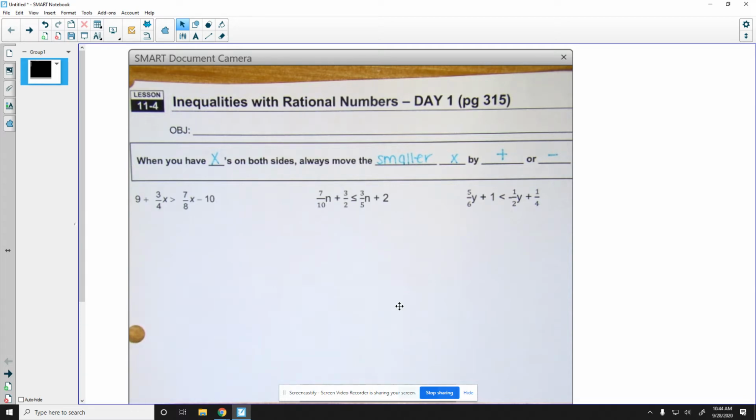Finish copying that down, and then we'll practice a couple problems together. You do need your calculator, so go grab the one that's assigned to you. I'm going to give you 15 more seconds to copy that down, then we're going to do a problem.